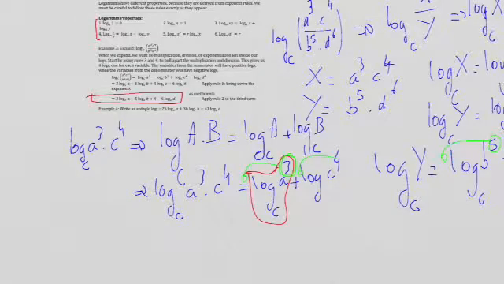So what do we have? Let me check. We have minus 25 log base c of a plus 36 log base c of b minus 41 log base c of d. What I want to do is focus on the minus 25 log base c of a. That is going to be equal to log base c of a to the negative 25.